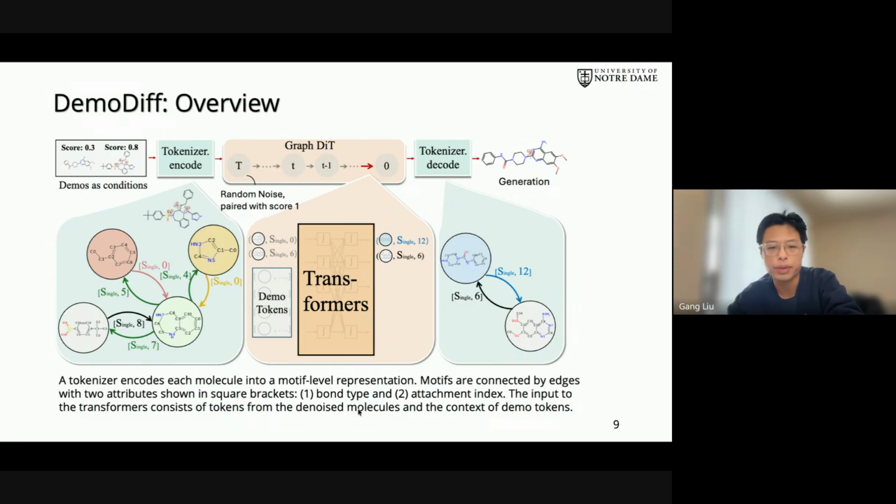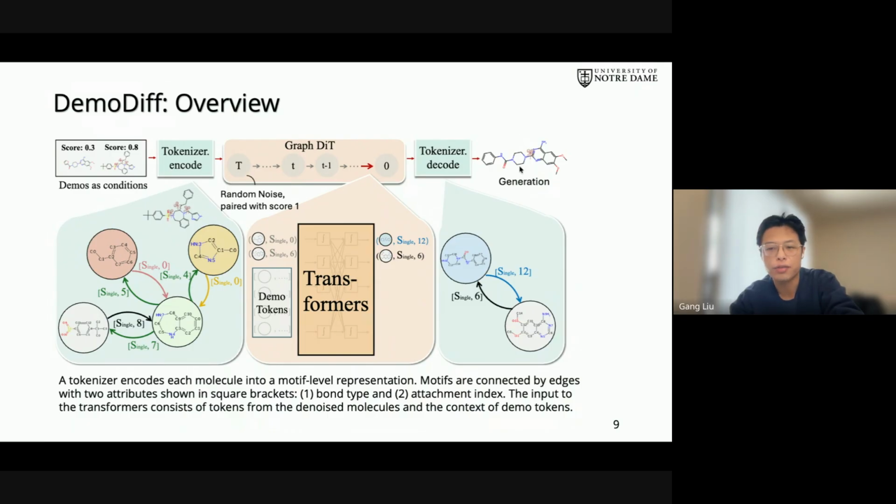One is the bond type classification or direction, and the other is the attachment index classification. You can think of the transformer as having three outputs: one is the motif type, one is the bond type classification, and the other is the attachment index classification. With this information, you can decode this motif representation into the molecule.